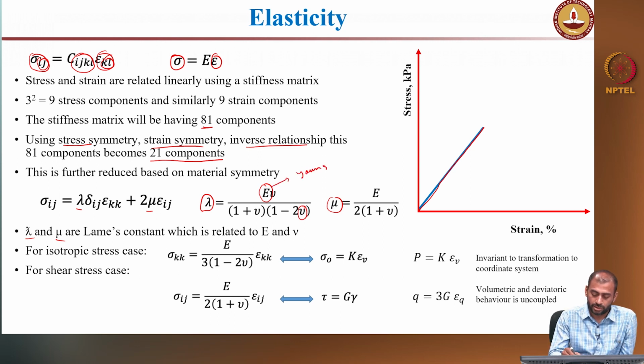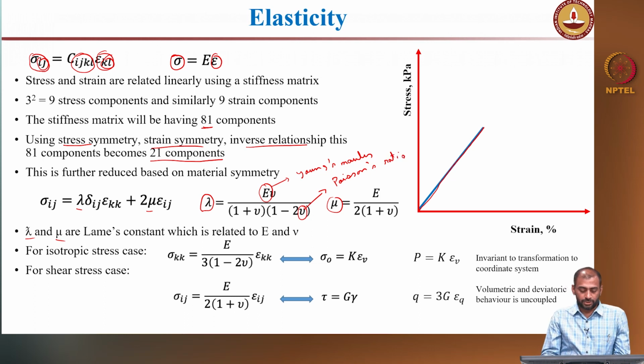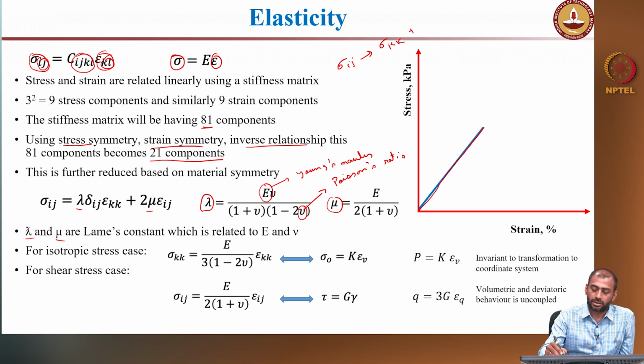So again, any total stress tensor is divided into the volumetric part plus the deviatoric part. This is your volumetric part of the stress tensor, this is your deviatoric part of the stress tensor.